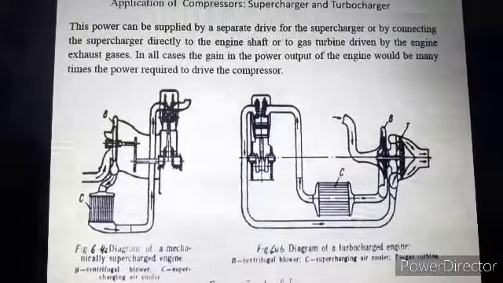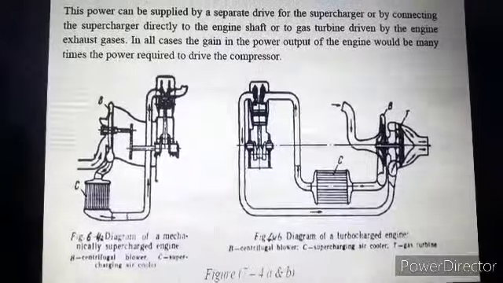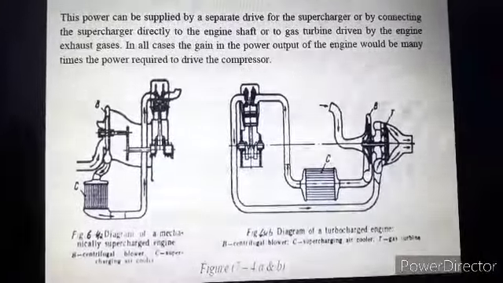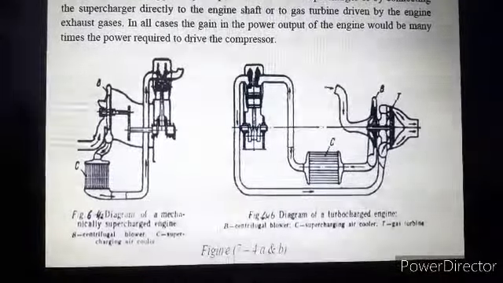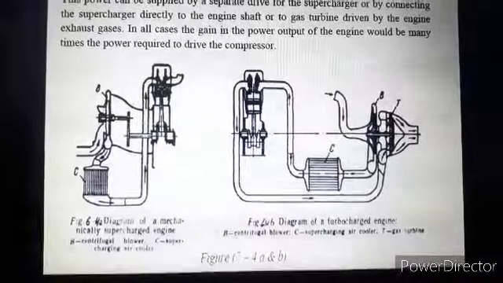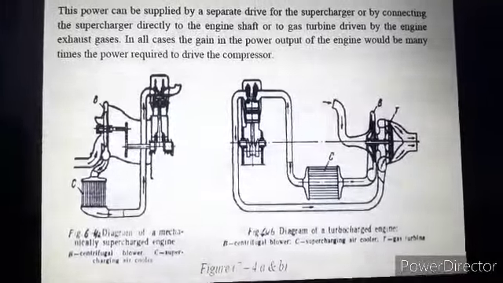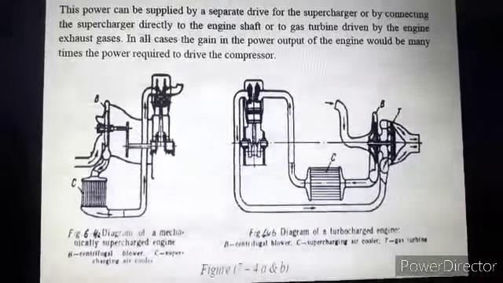After that, we have derived the expression for indicated power for a compressor with clearance and without clearance. That relation also we have to take into account. The indicated work without clearance is given as n/(n-1) P1 V1 [(P2/P1)^((n-1)/n) - 1].